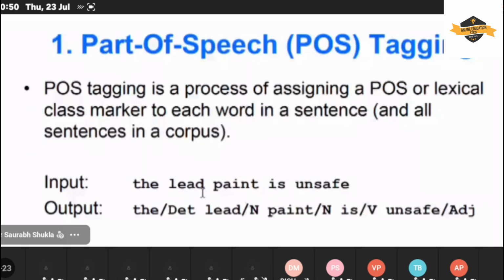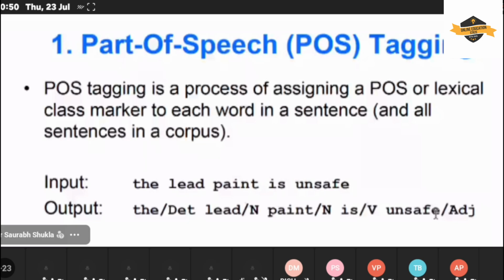The lead paint is unsafe. This is our input, and part of speech tagging tells you which is the determiner, which is the noun, which is the adjective. So basically you are targeting the grammar or syntax, or maybe coming up with the semantic structure also. You need to focus on the grammar of a particular language, and every language has its own grammar.